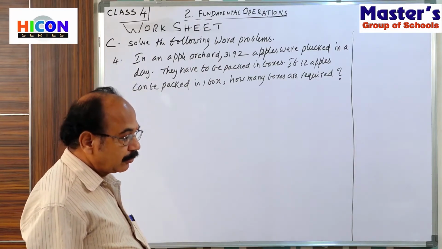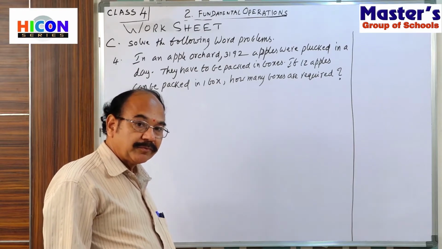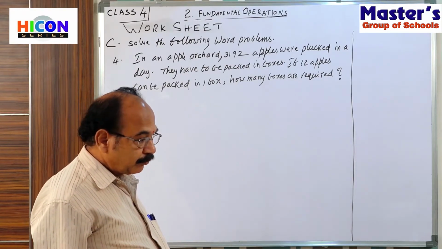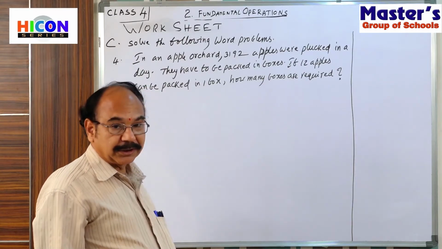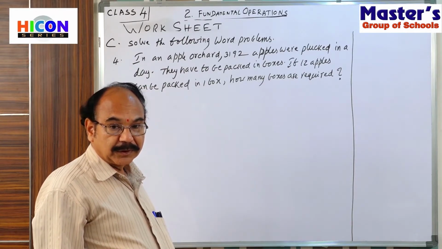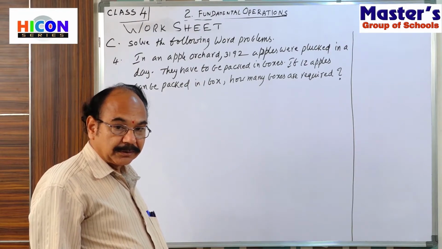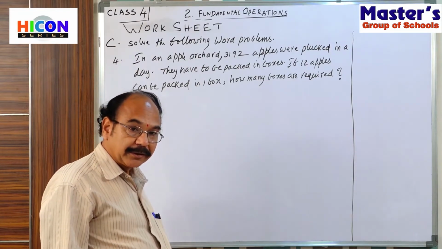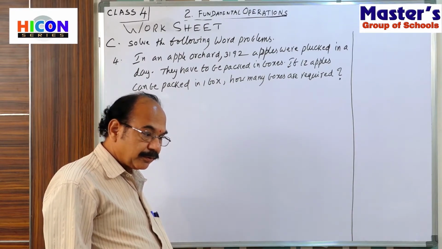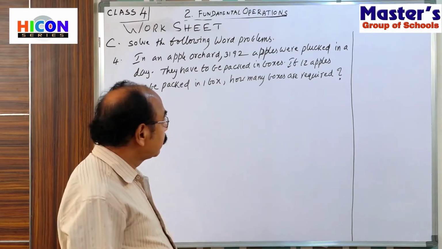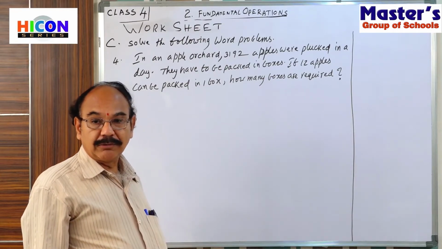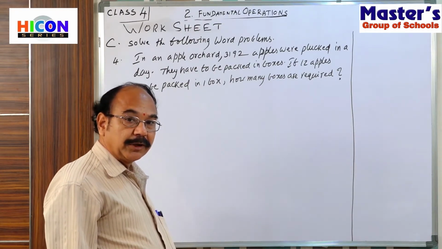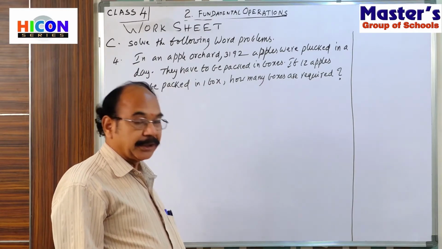First of all, what is given in the problem, we write by steps. After that, what is asked, okay, that is to be pointed out. Next, to get that required answer to the question, what is the operation we have to perform in this problem? That is to be decided.